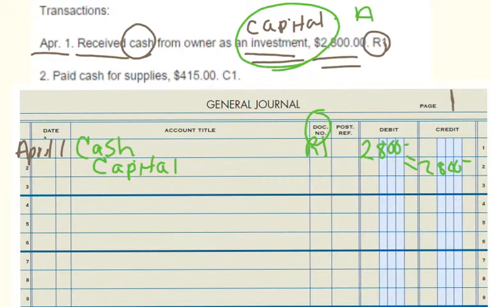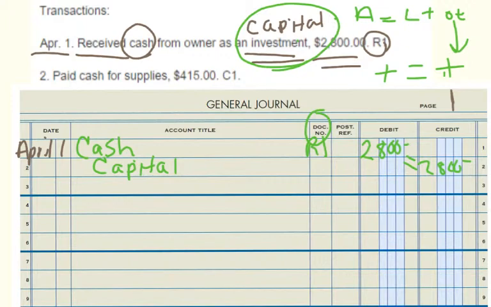Yep, assets equals liability plus owner's equity. So, is cash an asset, liability, or owner's equity? Right. So we increased our assets, and capital is owner's equity. We increased our owner's equity. Perfect. Let's do the next one.